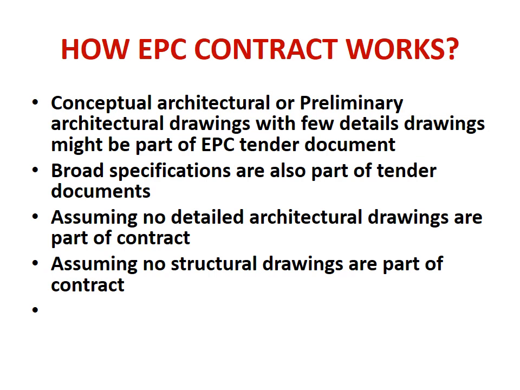And assuming no detailed architectural drawings and no structural drawings are part of the EPC contract, it means that the EPC contractor has to prepare detailed architectural drawings, structural drawings and all details.